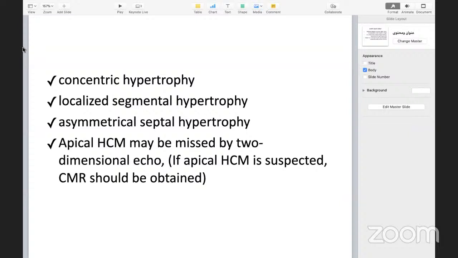So it might be concentric hypertrophy, or localized segmental hypertrophy. It will show you the asymmetry of the septum, and then you might suspect apical hypertrophic cardiomyopathy, and it might be missed. That's why if you suspect it, or if it is inconclusive, you can do a cardiac MRI.